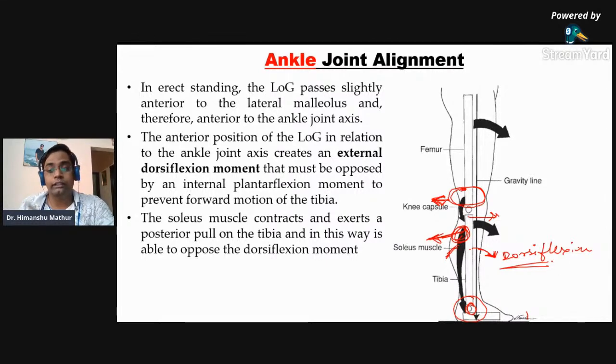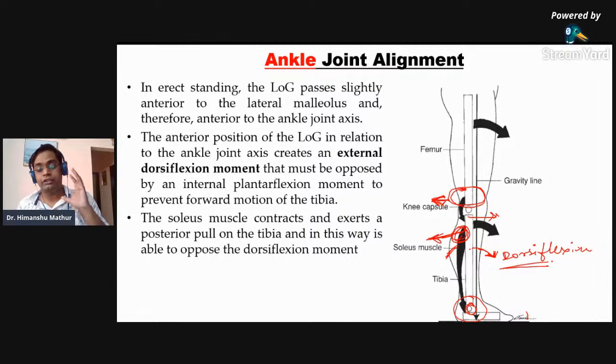Okay, so the dorsiflexion movement which is being generated by the weight or the external load, or let me say an external torque generated by the weight of the body, or by the placement of the plumb line, is being counteracted by the action of the plantar flexors, and that too majorly the soleus.